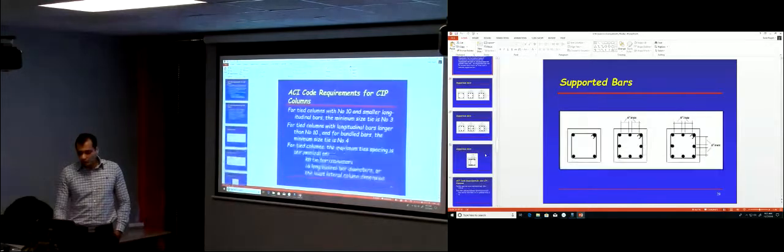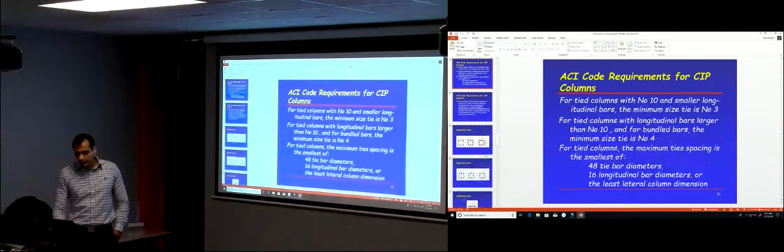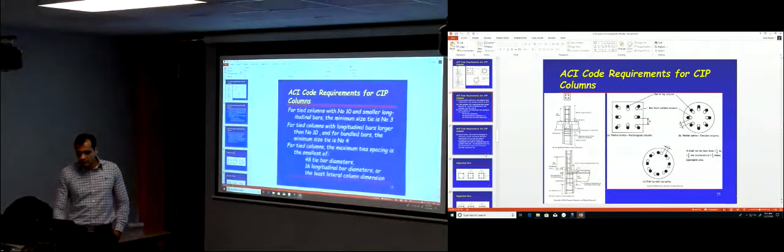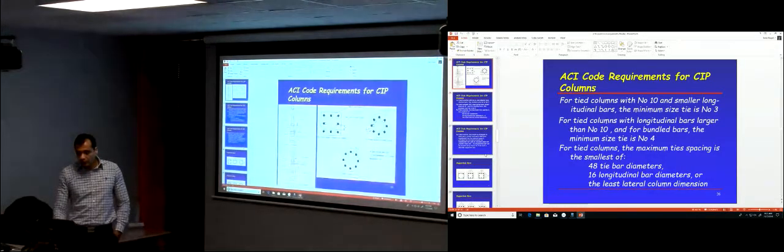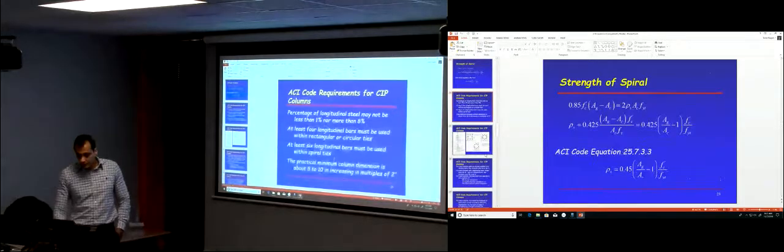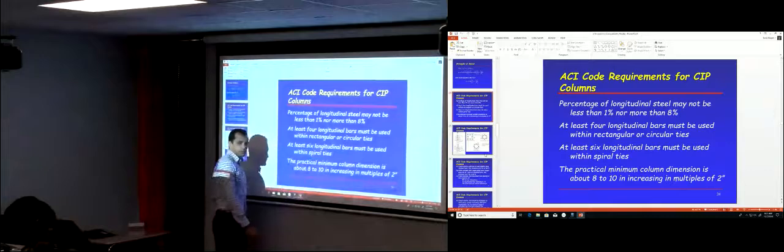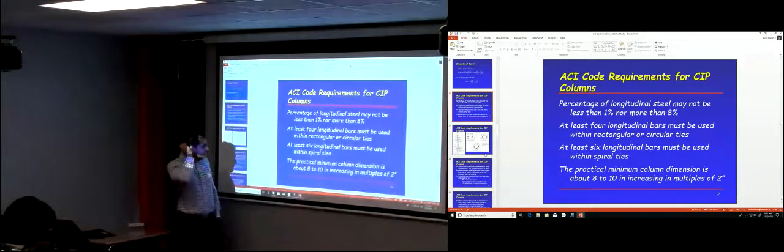Another requirement for the spirals is that the number of bars you should provide should be at least 6 longitudinal bars. You cannot provide less than 6 longitudinal bars.